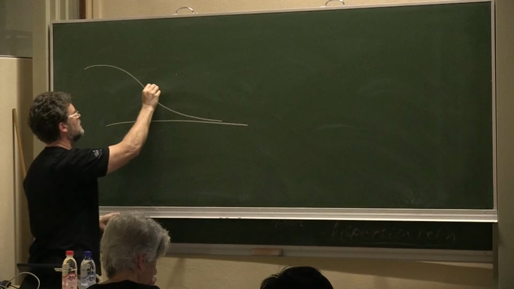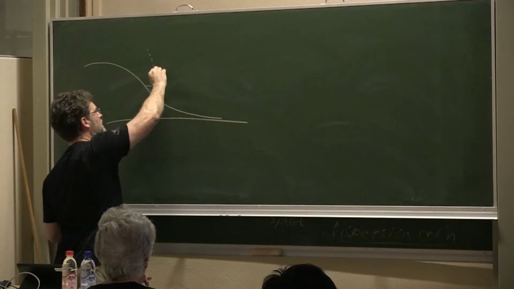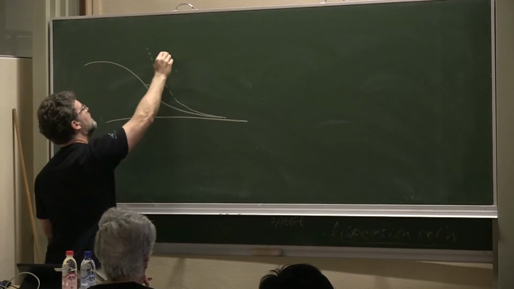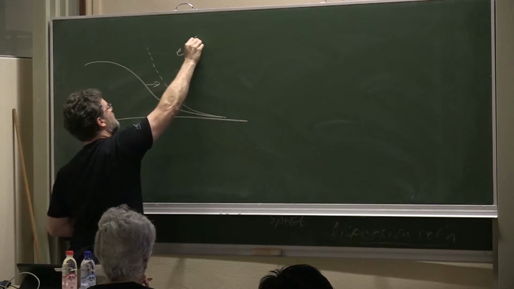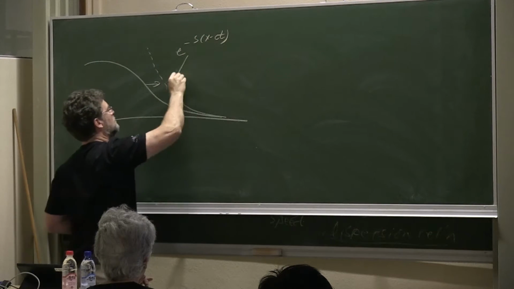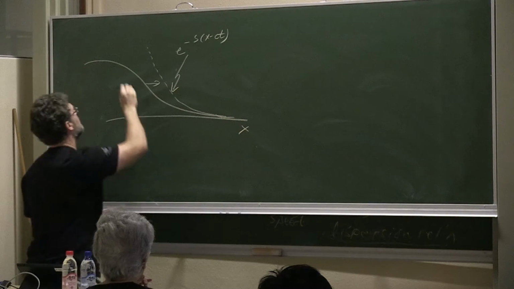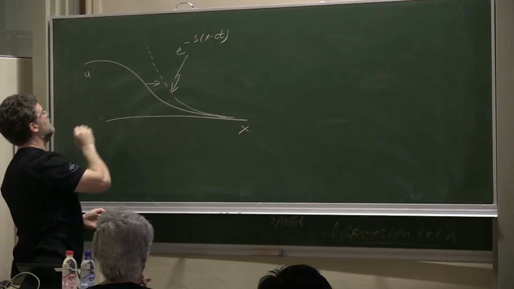So this is our spreading population, and what we're doing is looking at what's happening right at this leading edge here. This is e to the minus s (x minus ct), the solution here. This is x, and this is u.